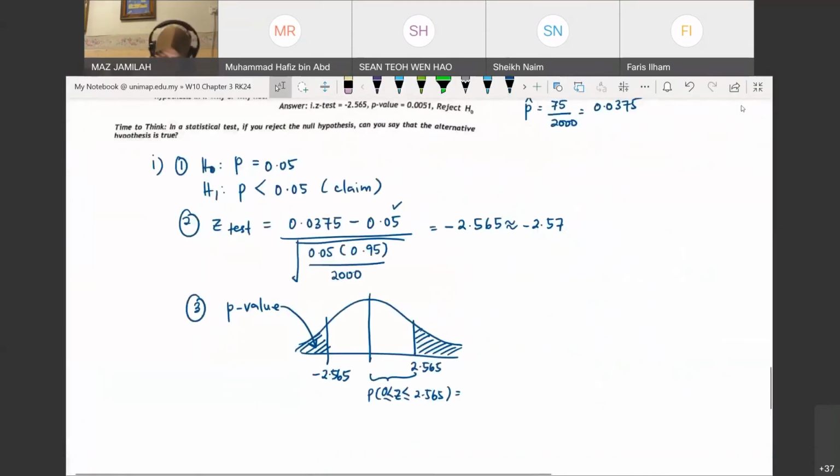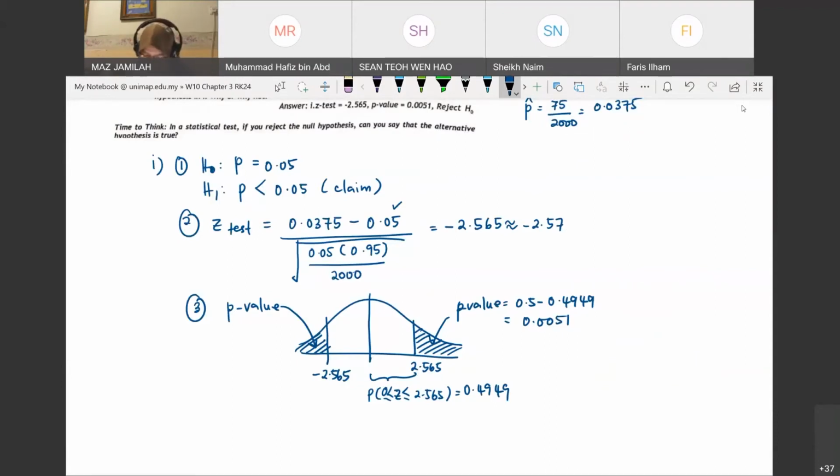So here is 0.4949. The p-value is equal to 0.5 minus 0.4949, which is 0.0051. So your p-value is 0.0051.